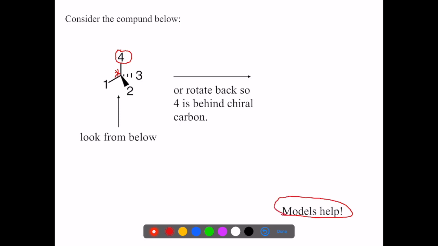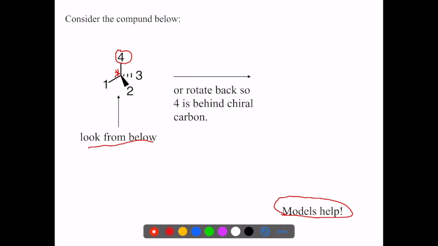And I'll show you later how you can do this with models, but do it quickly so you don't have to spend a lot of time building complicated structures. But sometimes people, many people, including myself, are able to just visualize looking at this structure from different angles. So you could look from below, picture yourself lying down, looking up from underneath, and what would you see?